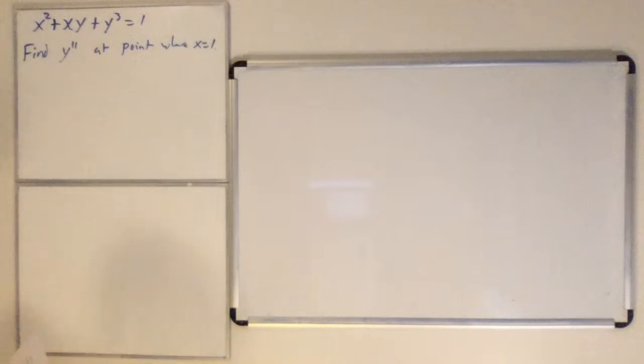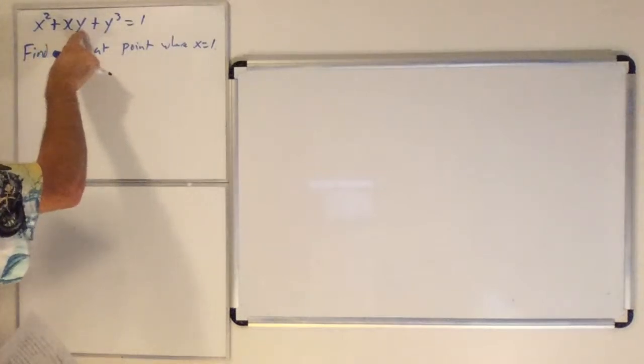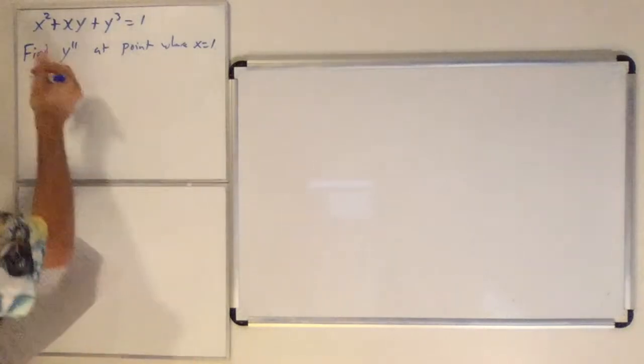Yeah, Jax, implicit differentiation. We're going to take the derivative of both sides with respect to x. And so when we take the derivative of y, we'll have a y prime involved. Okay, so let's just work through this.